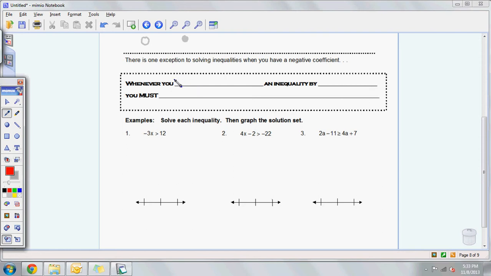Whenever you multiply or divide an inequality by a negative number, you must flip the inequality sign. You're probably like, what the heck are you talking about? Flip the inequality. This will make more sense once we get into it. I'm sure you'll remember it from years past.